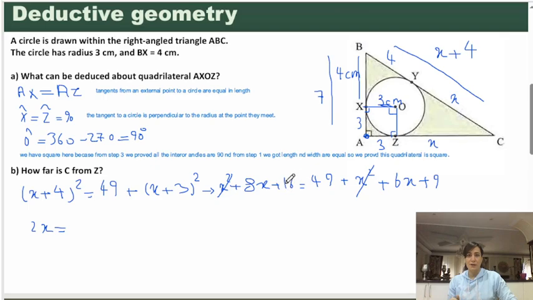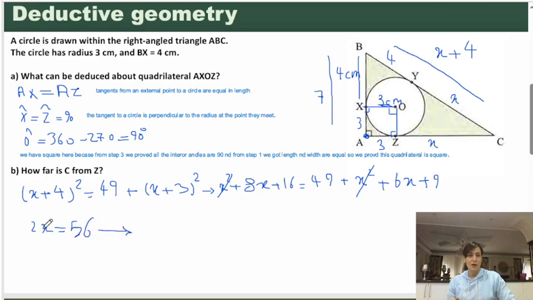And I bring all the constants to the right side. 49 plus 9 minus 16 gives me 42.